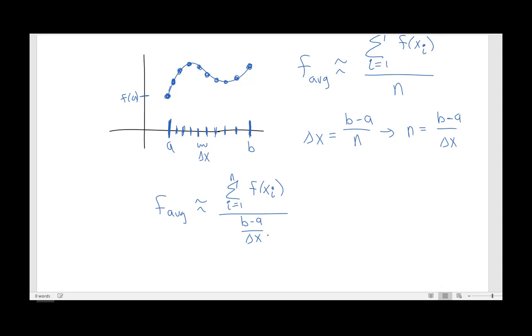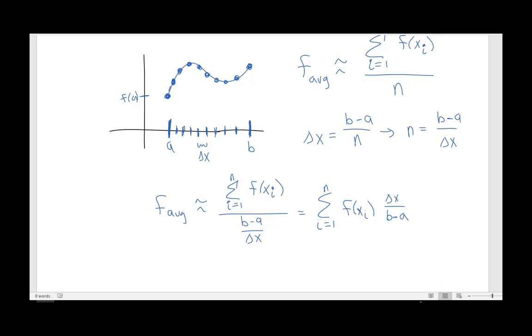And I'm going to go ahead and flip and multiply this. So if I flip and multiply this, I get f of x sub i, have my sigma, and then I have delta x over b minus a. So we have those n data values.